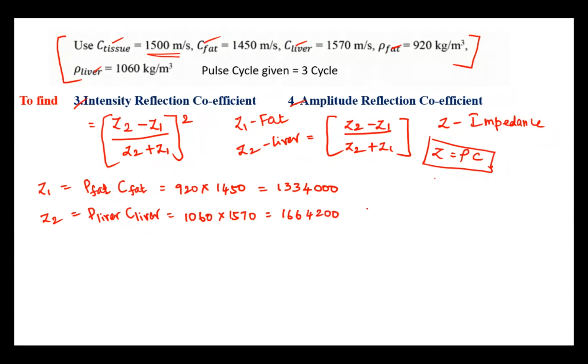So you have Z1 and Z2. Just substitute here and find the answer. Z2 minus Z1: you subtract, then add, and divide. You find the amplitude reflection coefficient. Square it, and you find the intensity reflection coefficient.